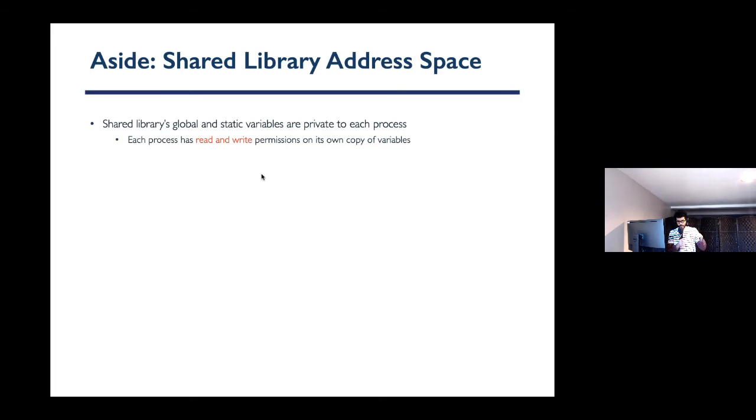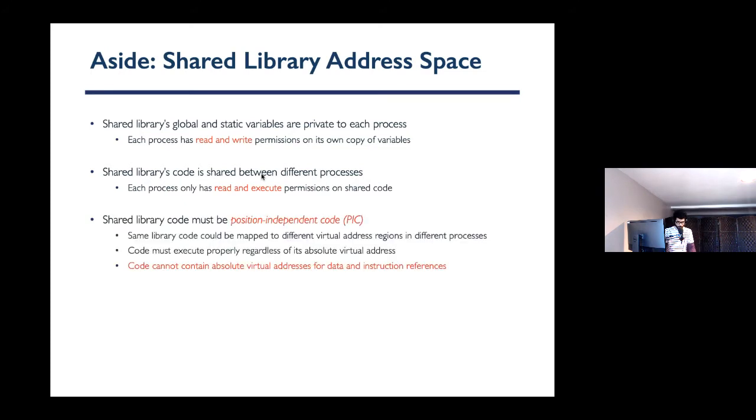So the data, each process will have its own copies, with read and write permission to their data. But for the code, everybody will share it, and everybody will have only read and execute access. Now, as I just mentioned, you cannot use absolute addresses.